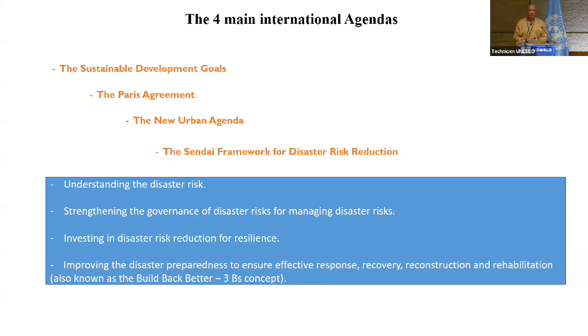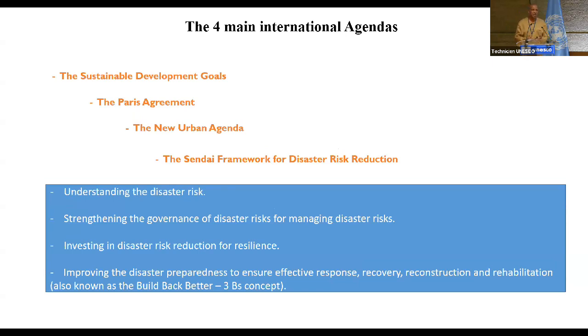This is not as we were used to some decades ago, when we were saving lives with humanitarian activities, we did not really think about how to contribute to development efforts or disaster risk efforts, but we just thought about how to save lives as well as we could.